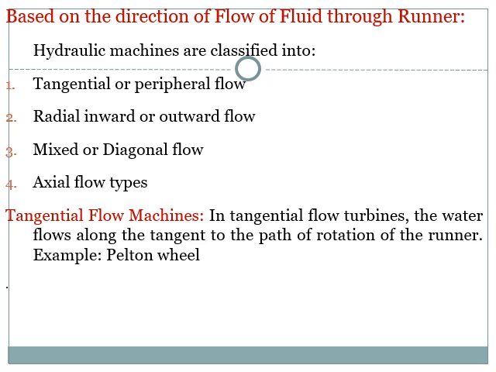In tangential flow machines, the water flows along the tangent to the path of rotation of the runner. That means the water is supplied at a certain angle to the axis of rotation of the wheel. An example of such a turbine is the Pelton wheel turbine.